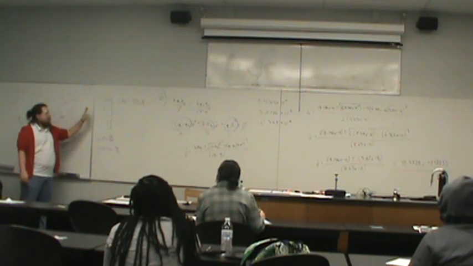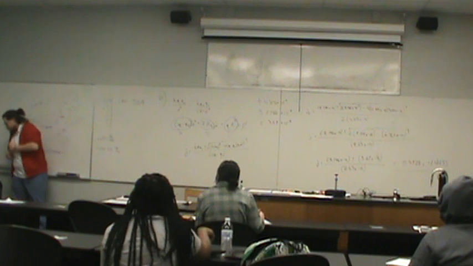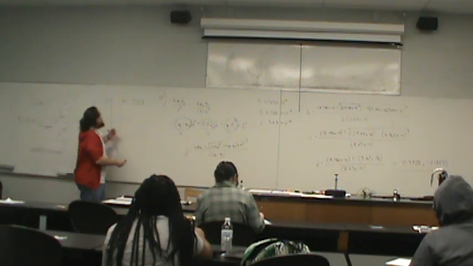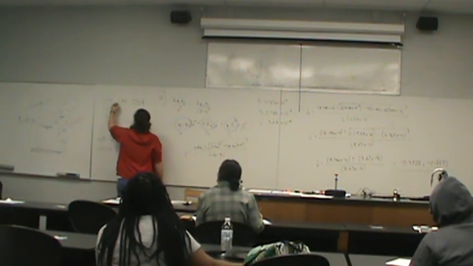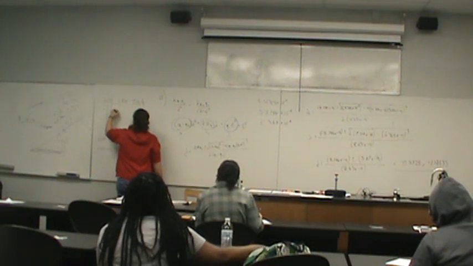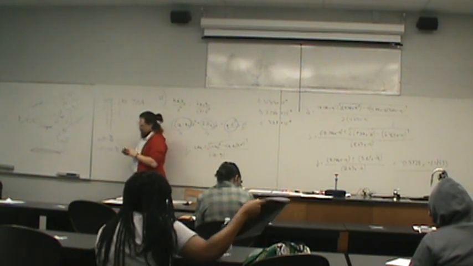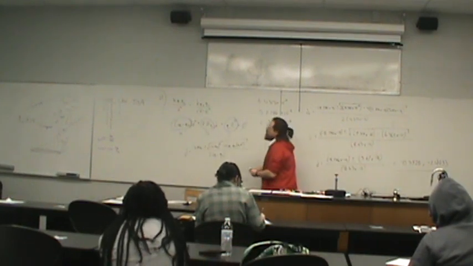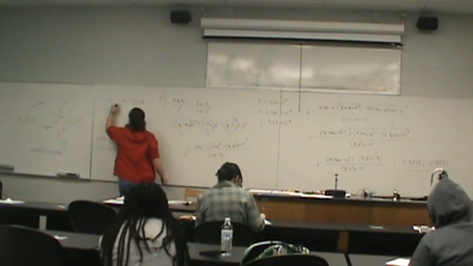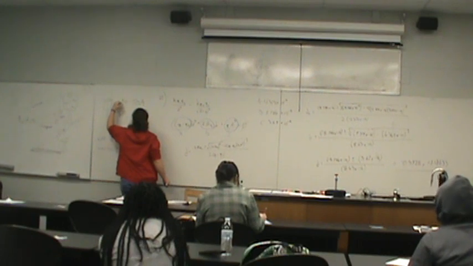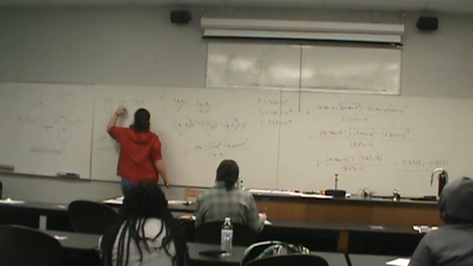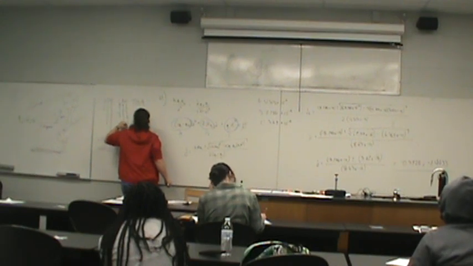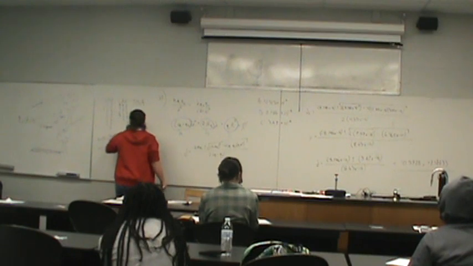So let's briefly look at the other ones so that they can be in your notebook. Next, the CAH part. We have cosine. This marker's running out of ink. Forgive the color swap. Cosine equals adjacent over hypotenuse, which would look like this.